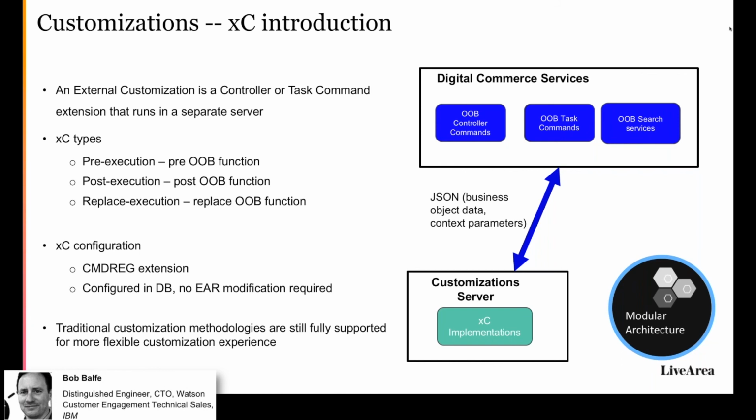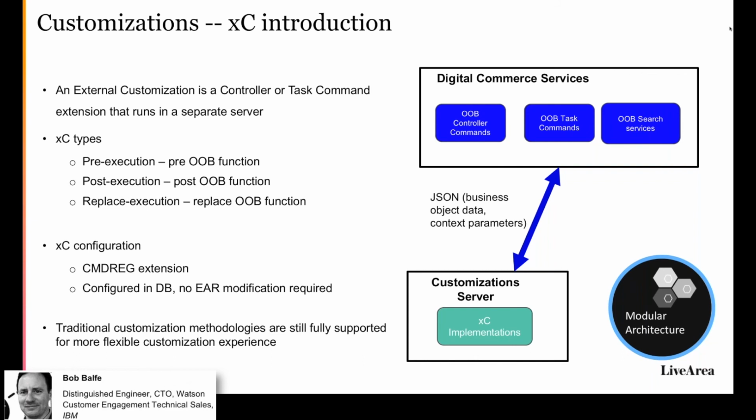Basically, I just want to end this with: the traditional customization methodologies are still fully supported, but we give you a much more flexible customization experience if you move to the XC model. So even if you're thinking about moving, you could do, for instance, a lift and shift, and your storefront would still be on the transaction server, EJBs would still be in place.